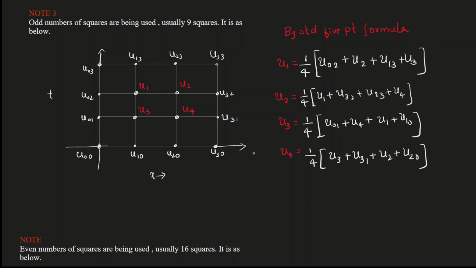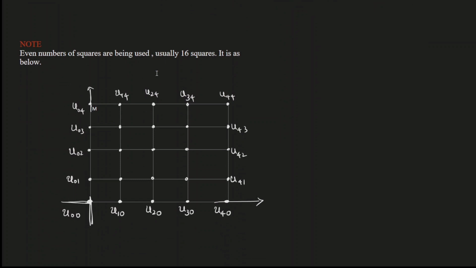Now, next, note 4. In some cases, an even number of squares is used, usually 16 squares. The 16 square grid is like this.